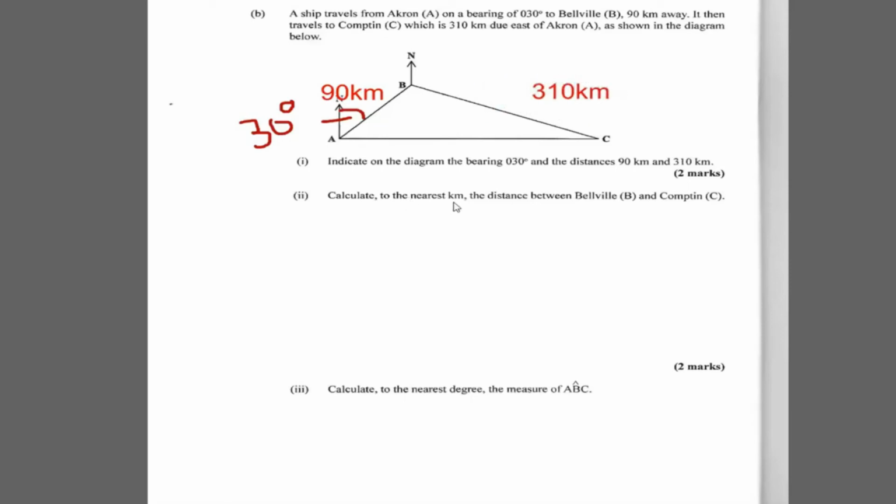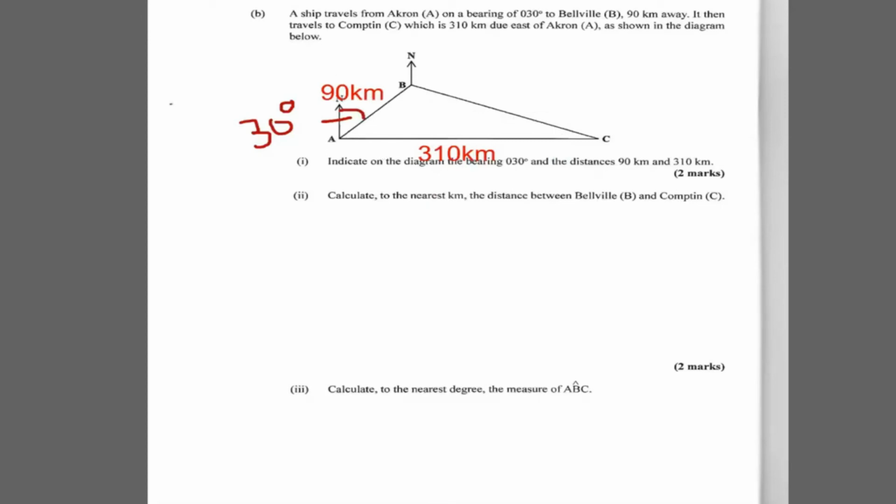Now it says calculate to the nearest kilometer, which is due east from Akron? Sorry, so 310 should be right here. My apologies, AC is 310, as a matter of fact. Now they're asking us to find out what BC is.